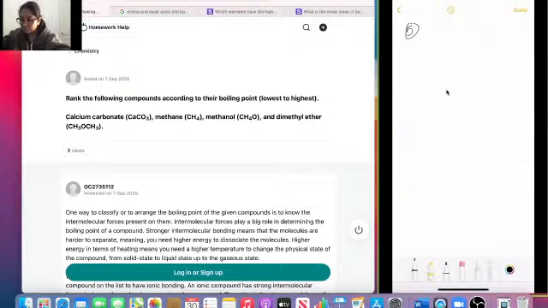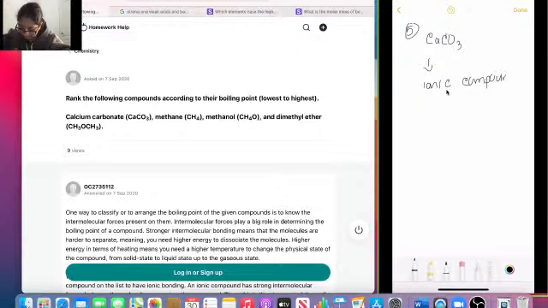Let's start with calcium carbonate. If you recall, calcium is a metal, and so this is an ionic compound.